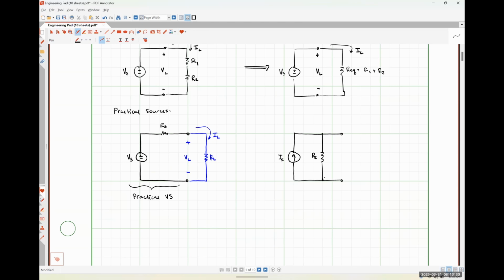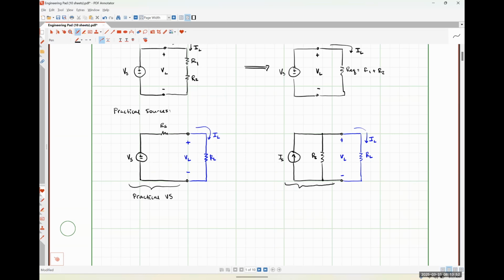And then across the terminals of this practical current source, I'm once again going to apply an identical load resistance RL. This is my voltage VL. Here's my current IL, like so.